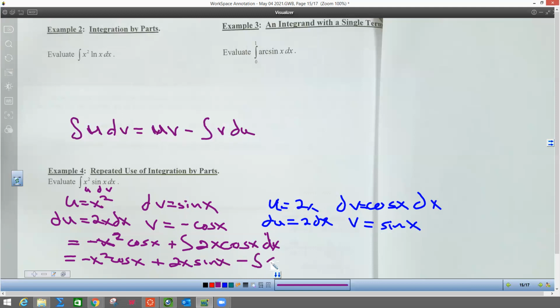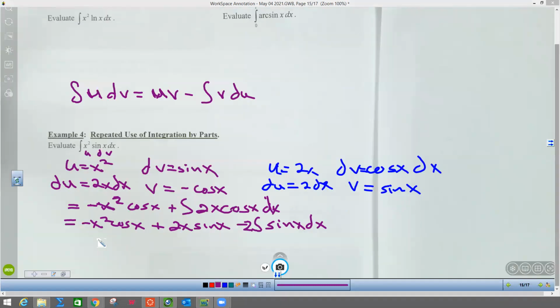So it's going to be the integral of sine x. And then the du part is this 2 dx. And we're going to take this 2 out to the front from that dx. And then, so these two parts are finished. So I still got negative x squared cosine x, and then I got plus 2x sine x.